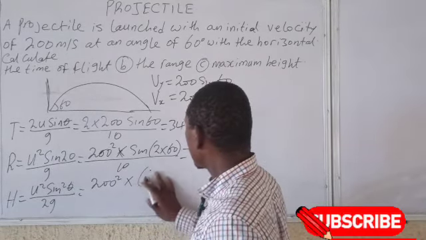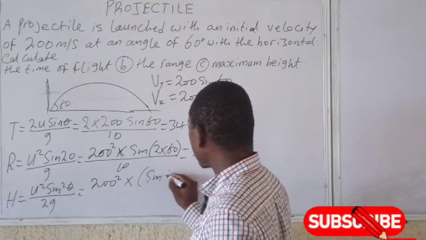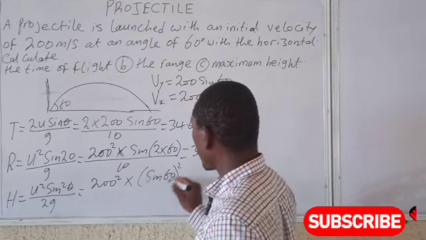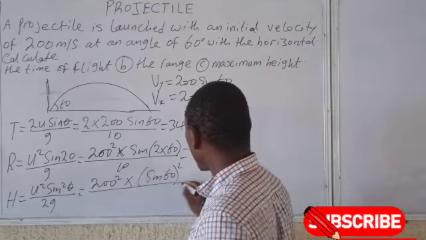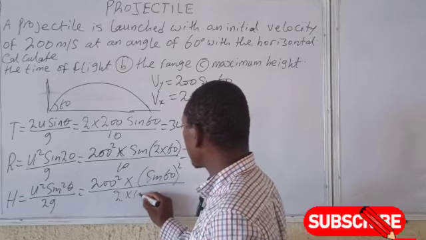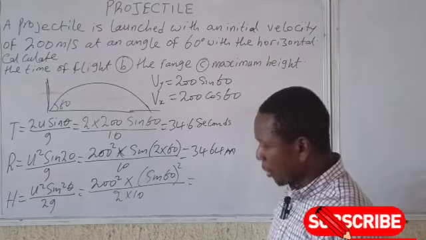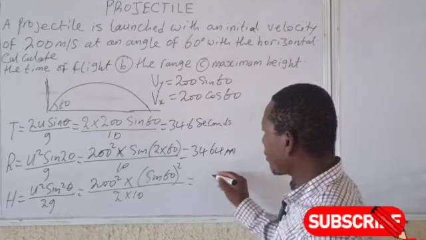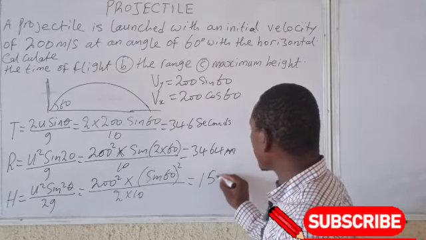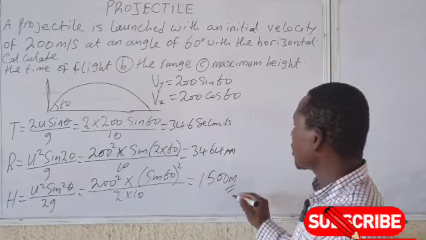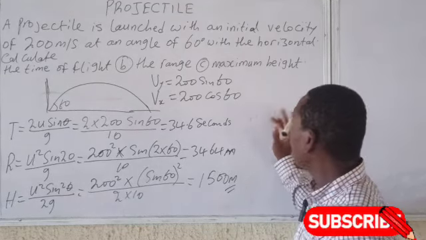Bracket sine 60 square all over 2 times 10. So you just do it, you get your answer. So you have your maximum height as 1,500 meters. So it's a very simple stuff.